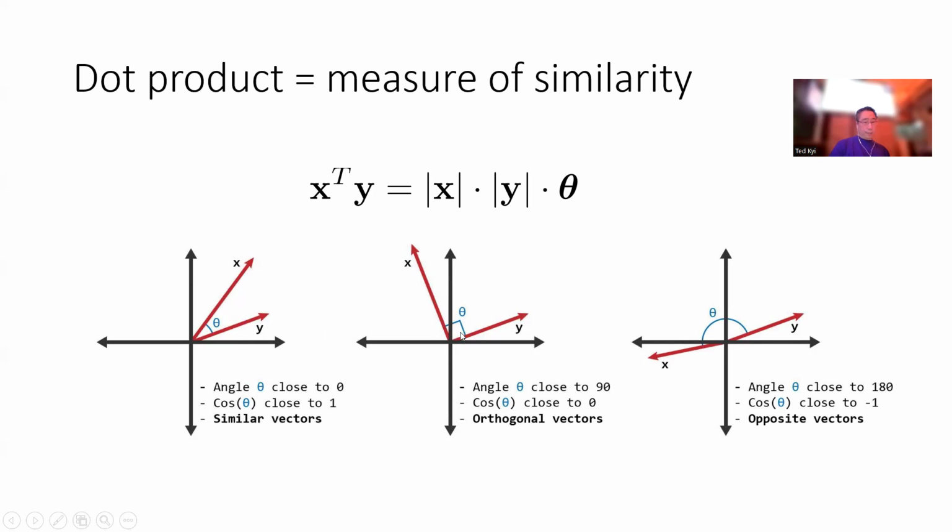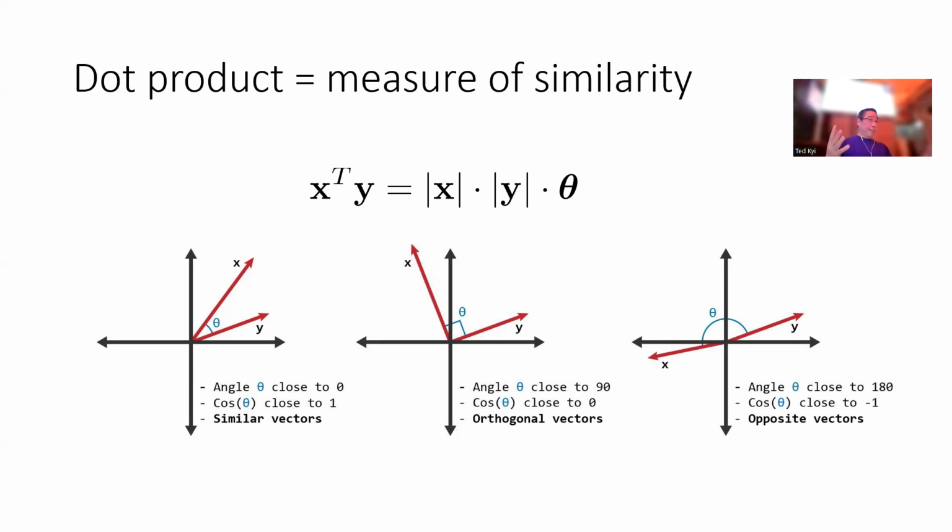If they're orthogonal, it's close to 0. If they're pointing in opposite directions, you get a value close to -1. So you have three potential concepts of similarity. If they're pointing in the same direction, they're very similar. If they're pointing in opposite directions, it's like anti-similar. I don't know if that's a word, but it's the same concept in opposite directions.